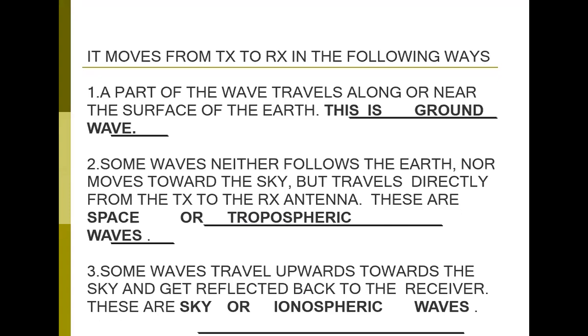Again, I repeat: ground wave is near to the ground, tropospheric wave is in between the sky and the ground, and sky or ionospheric wave is propagating in the sky. Tropospheric waves are also known as space waves.